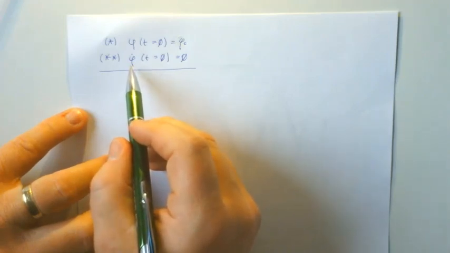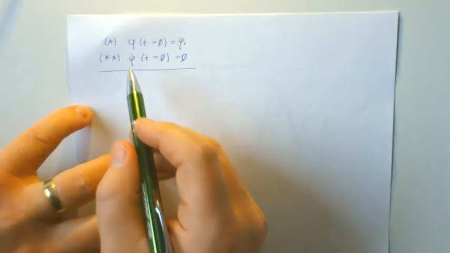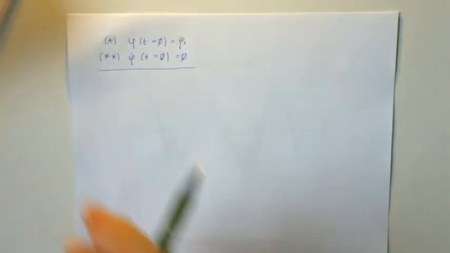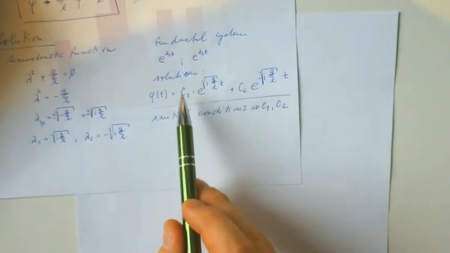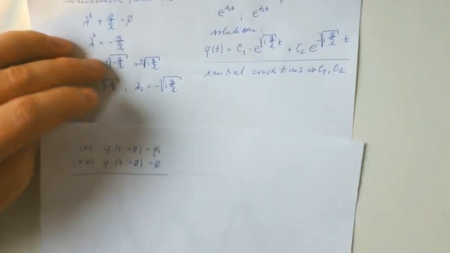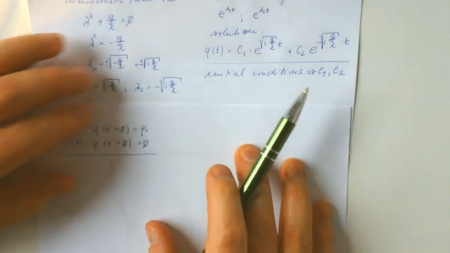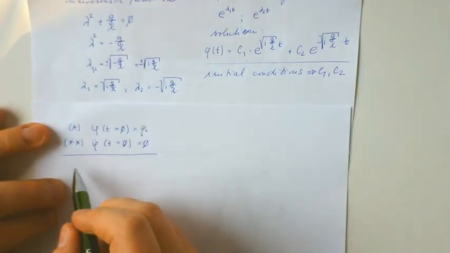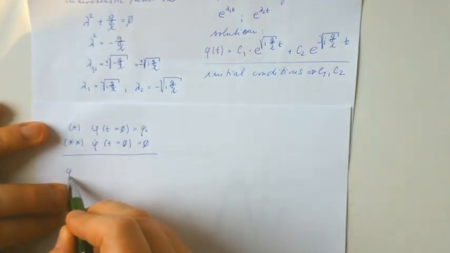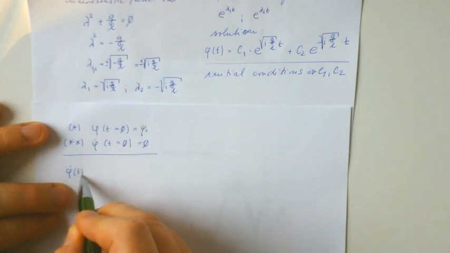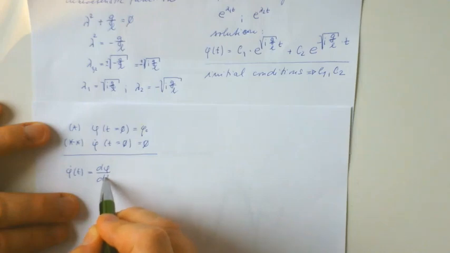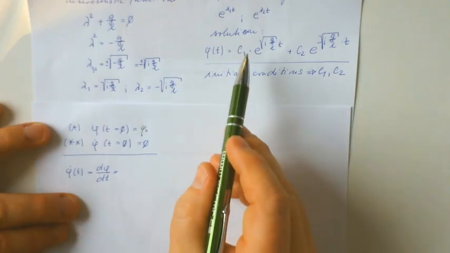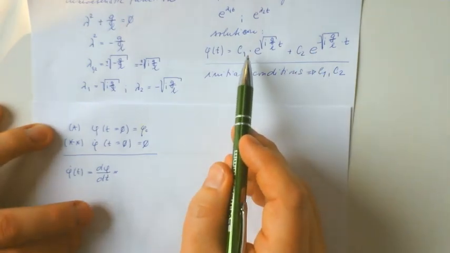So if I make a derivative of our solution, this is our solution. Sorry, first derivative. So we need to find phi dot, which is d phi over dt. So we use this equation for making a derivative.